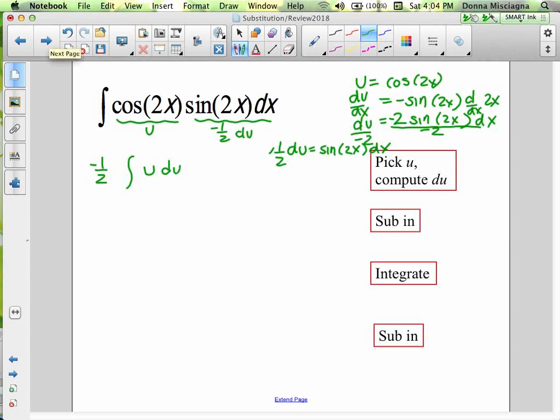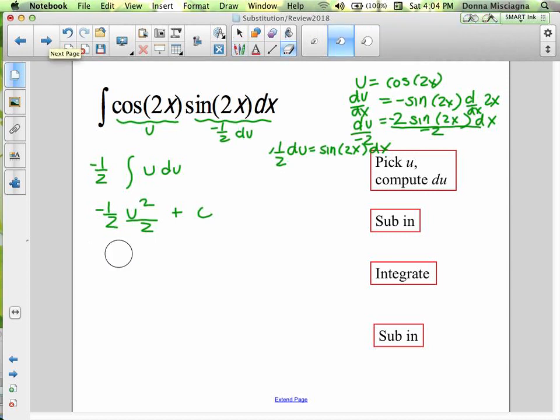All right, so now we integrate. We're going to increase the exponent by 1. So we have negative 1/2 u squared divided by 2 plus c. Now we'll replace it. Let's simplify first and then we'll replace.